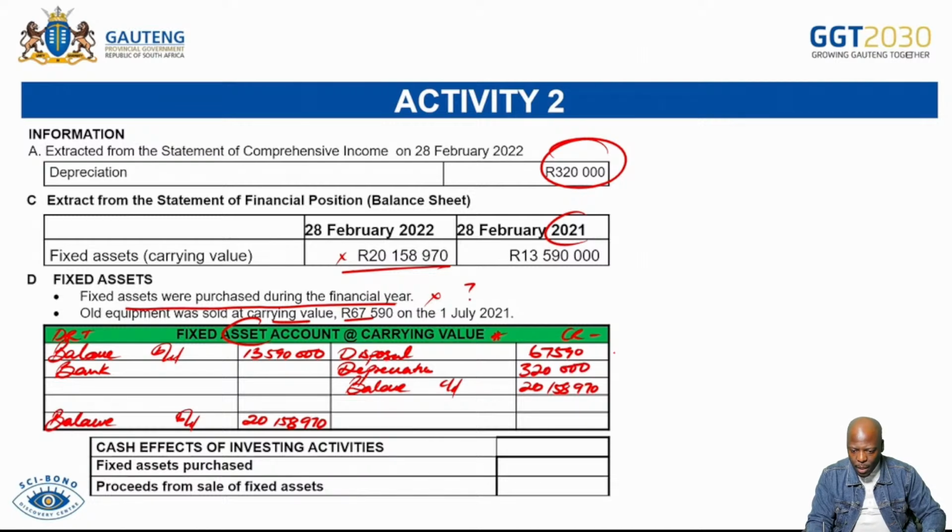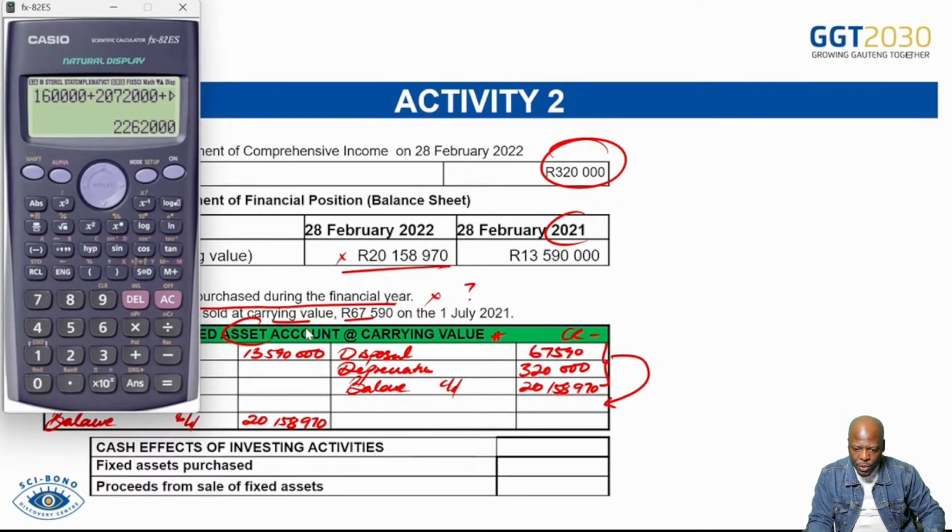So I'm going to bring my depreciation, which is my 320,000. Then let's add everything here so we can come to that figure. So I'll say 67,590, and then I'm going to add 67,590. I'm going to add 320,000, and I'm going to add 20,158,970.